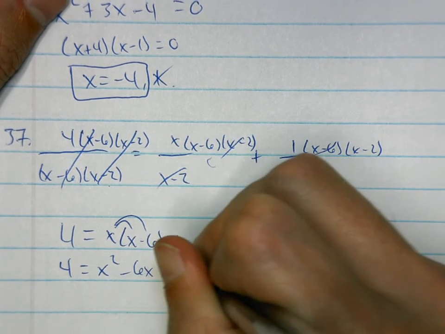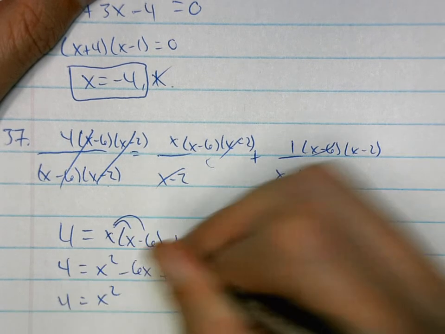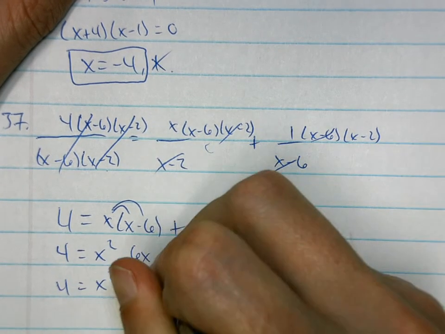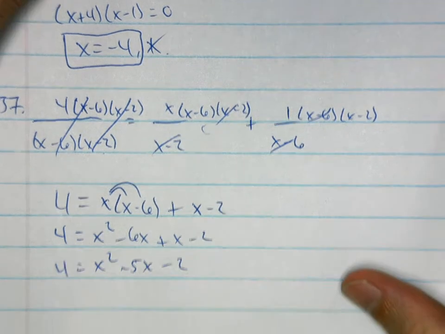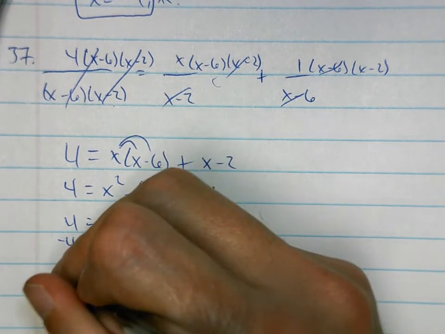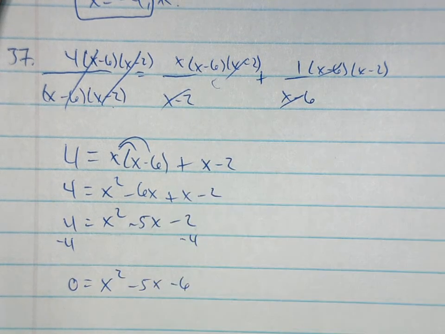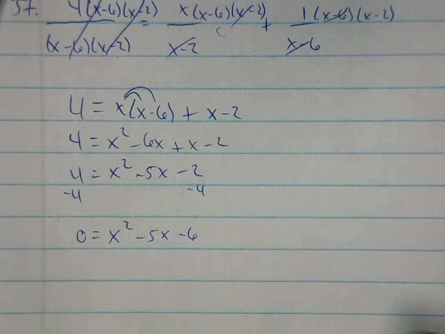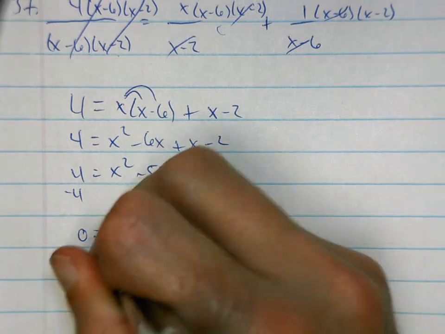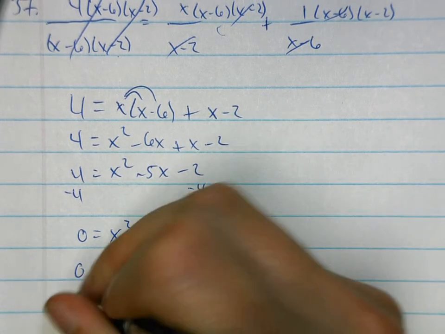Combine like terms. So minus 5x minus 2. And we need to get rid of the 4, so we subtract 4 on both sides, and we get 0 equals x squared minus 5x minus 6. And this factors to be 0 equals x minus 6, x plus 1. So therefore, x equals 6 or negative 1.